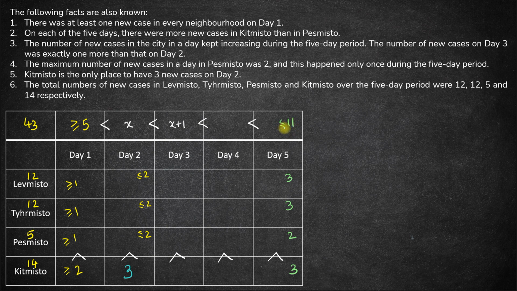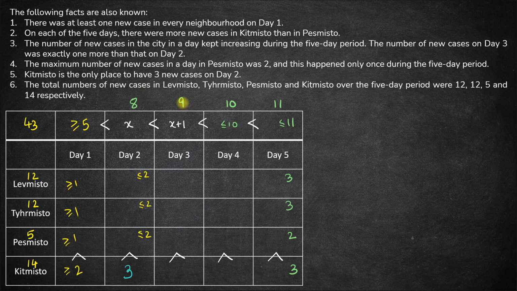It cannot be more than 11, right? So even if we consider the maximum value of 11, this value cannot be more than 10, correct? So this value will be less than or equal to 10. If you consider just the maximum value, this value cannot be more than 9. Similarly, this value will not be more than 8, right?